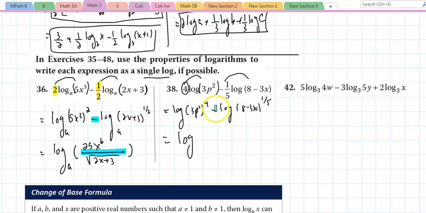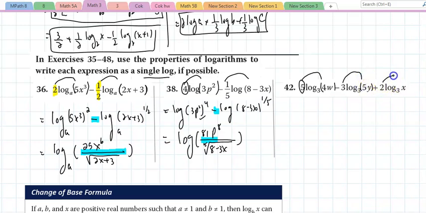The minus really turns into division. The base here is a 10 because it doesn't write anything. And it's going to be this. 3 to the 4th is 81p to the 8. And 1/5 power is really the 5th root of 8 minus 3x. Kind of messy, but once you get the hang of it, it's really a lot simpler than you think.